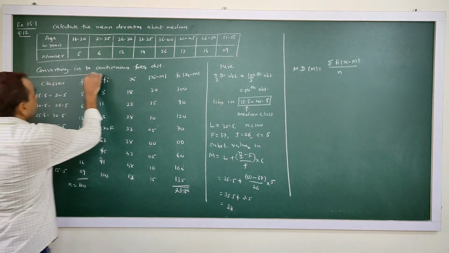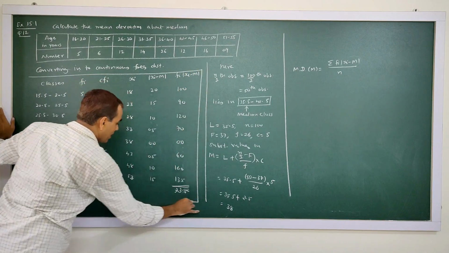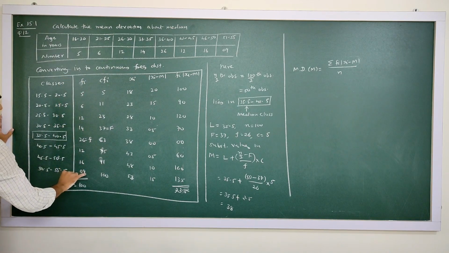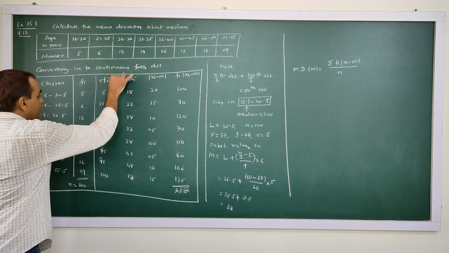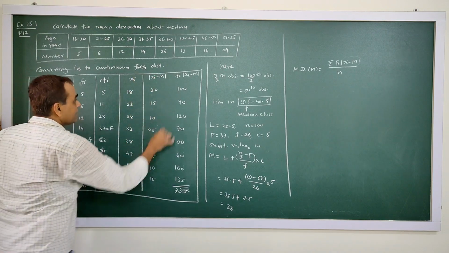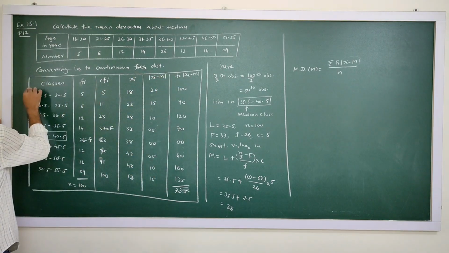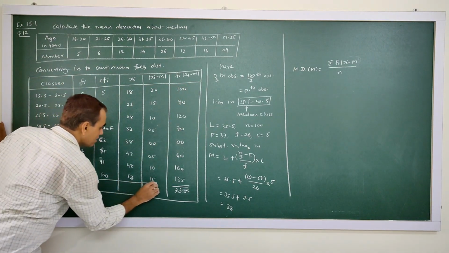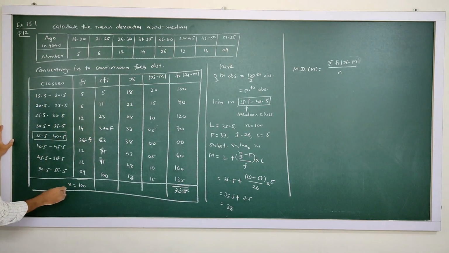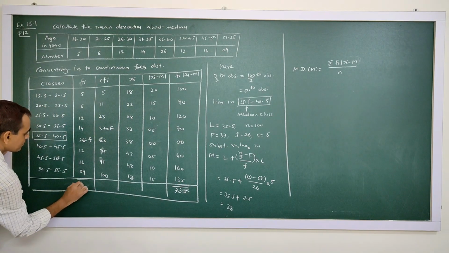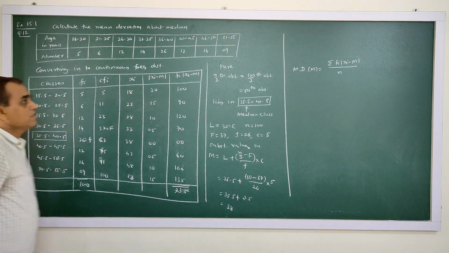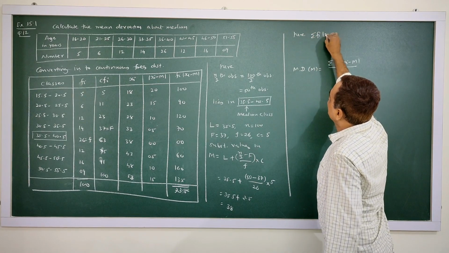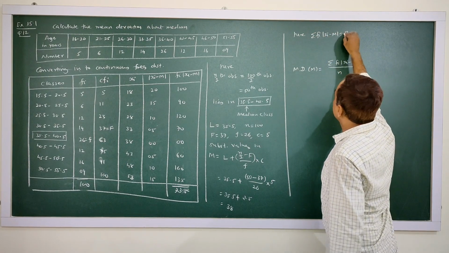So whatever values are required in the formula, according to requirement, we prepare columns here. After preparing columns, taking proper products and additions, we forward these values into the required formula. Here sigma fi into modulus xi minus M is 735.